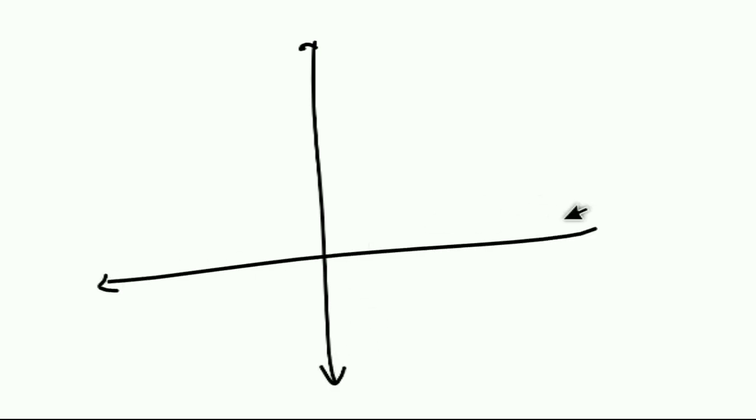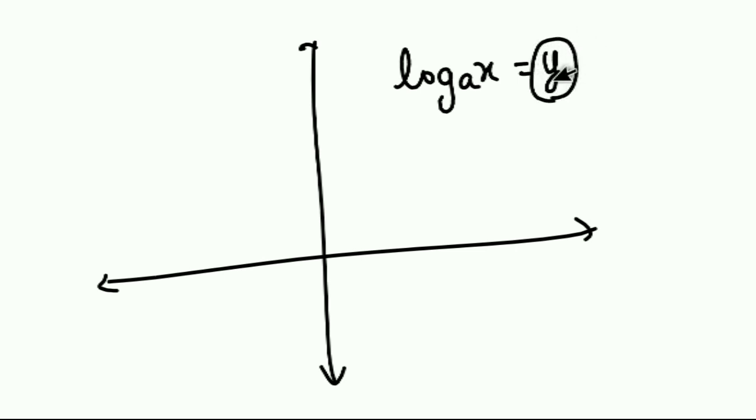So let's see your logarithmic function graph. I'm drawing the curve. We have the logarithmic function log to the base a of x, let's put it as y. So this will be your y coordinate and this is your x coordinate.